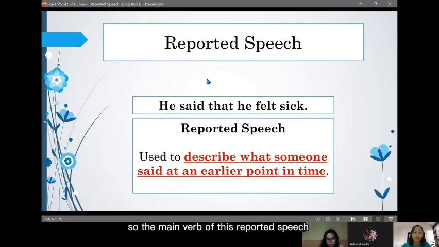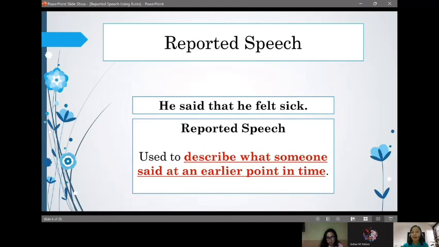So the main verb of this reported speech is not the main verb of that earlier direct speech, the verb to feel. But here, the main verb of the reported speech is the verb to say.